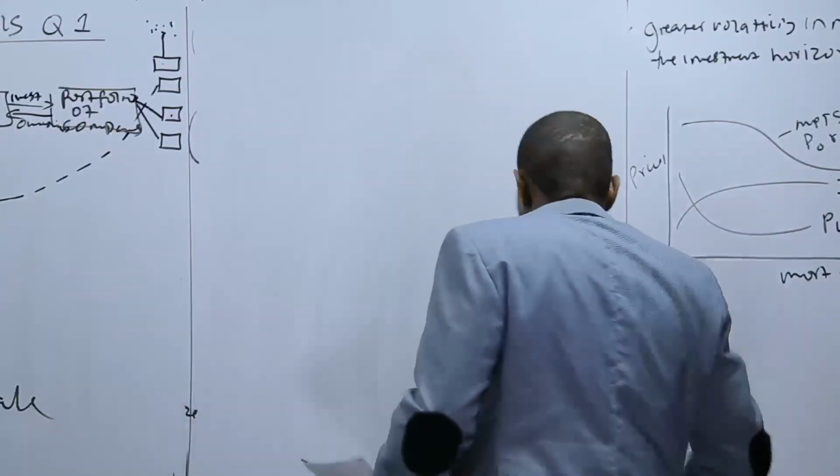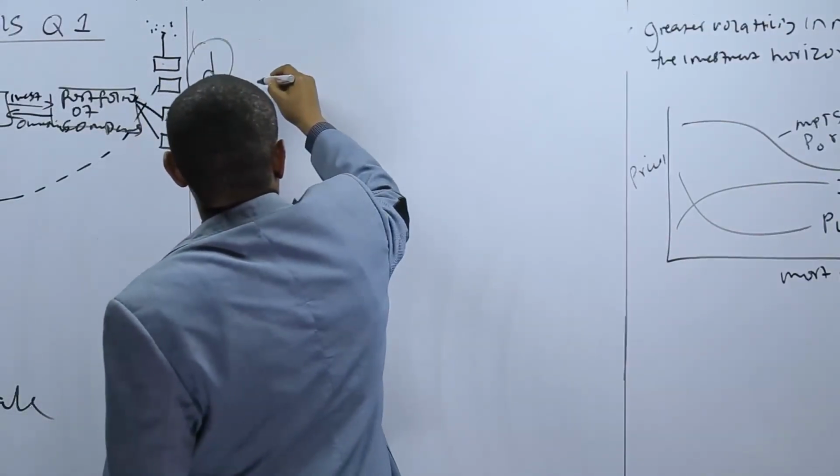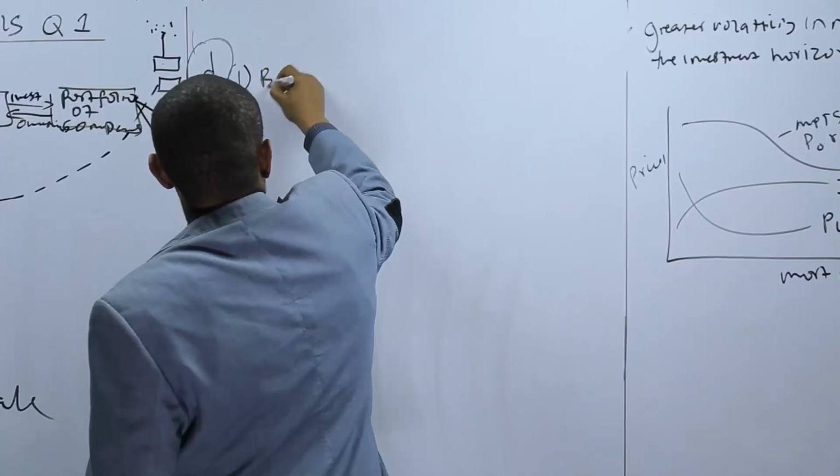So we can put it all together and say that this is D. Number 1, backwardation.